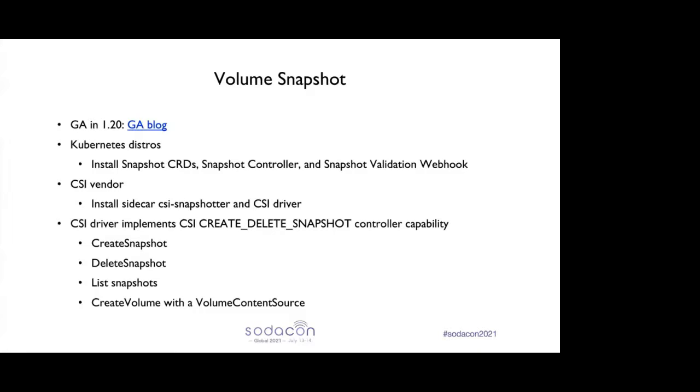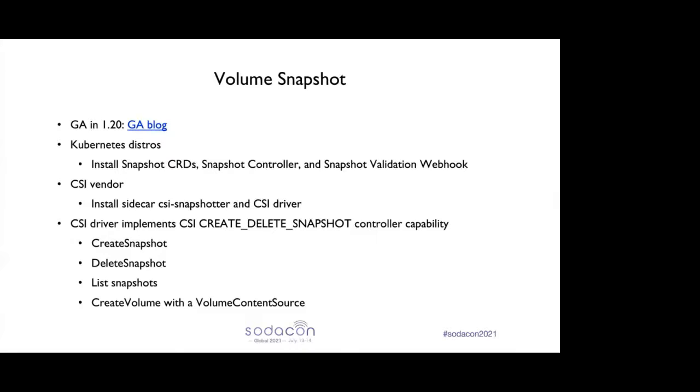Moving on to volume snapshot. This feature is GA since 1.20 release. It provides a basic building block to support data protection in Kubernetes. It includes volume snapshot CRDs and other common components, such as the snapshot controller and the validation webhook.